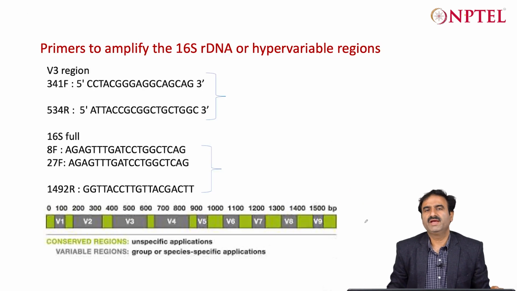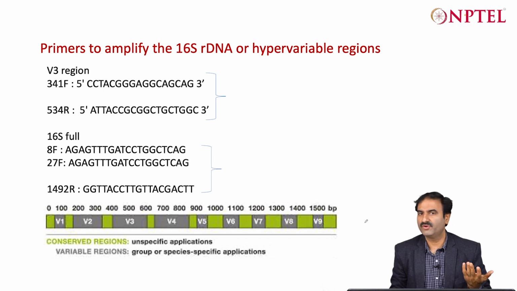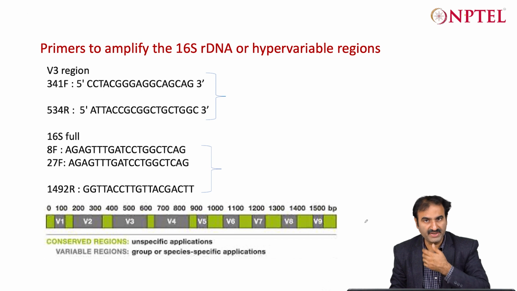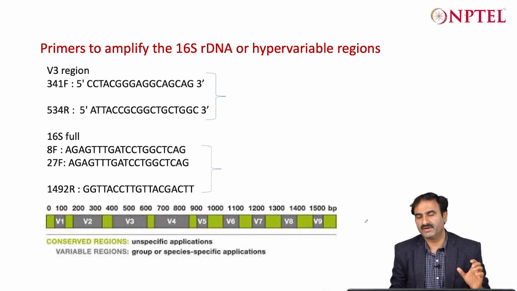But that will be slow and you have to do it one by one. You should have the clone in hand and sufficient quantity of DNA, whereas in metagenomics we go for the entire community approach. So we don't go for a typical single 16S ribosomal RNA, as you do when you isolate some species from that metagenome and do further analysis.